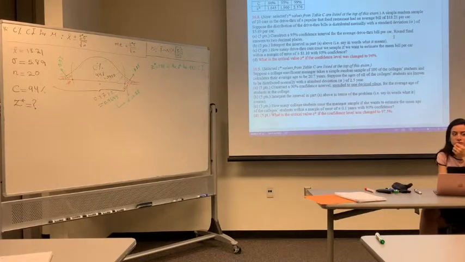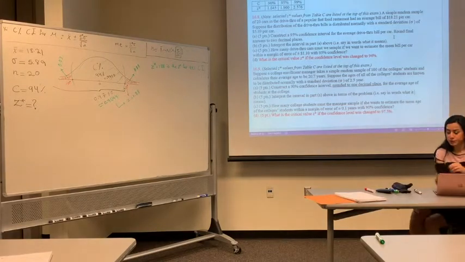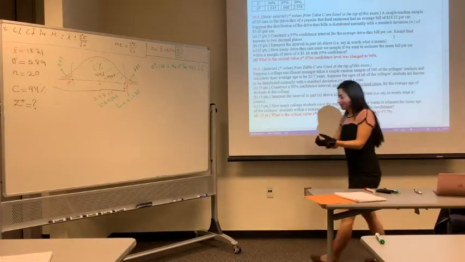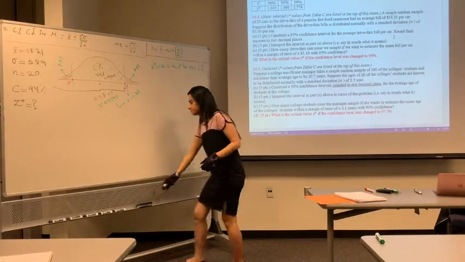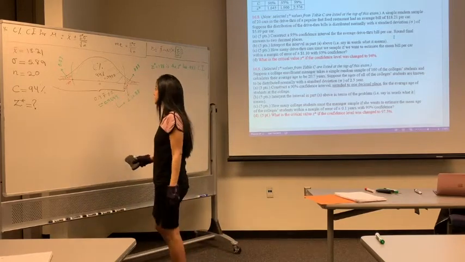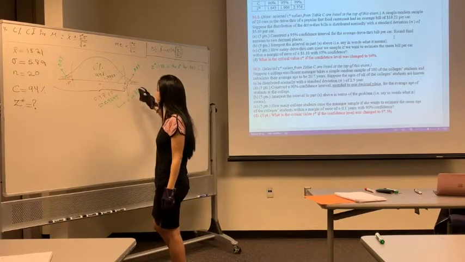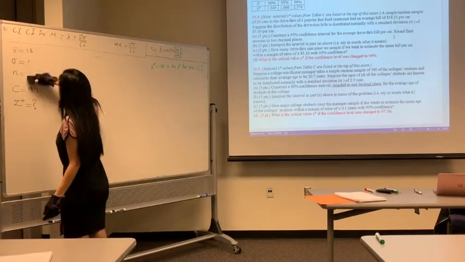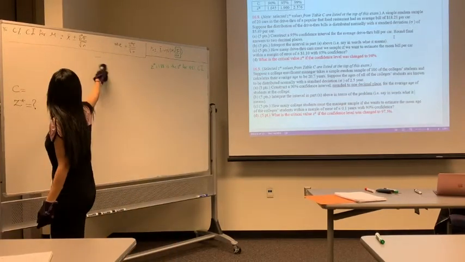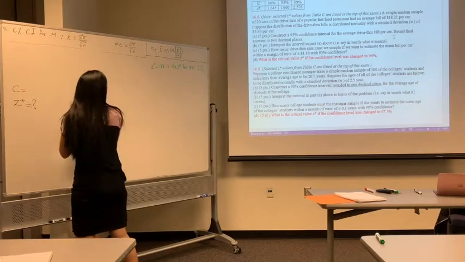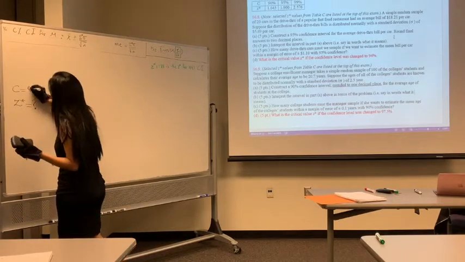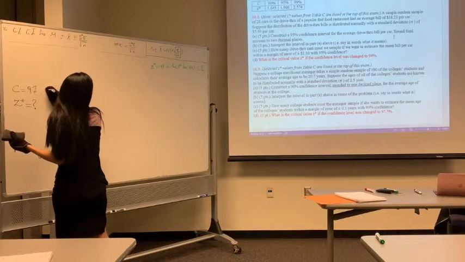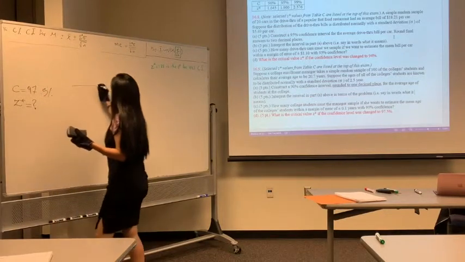What did you find? 2.24. 2.24? Let's see. So now the Z star, what's that? C is 97.5%.